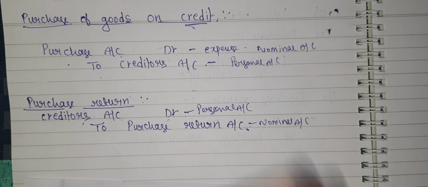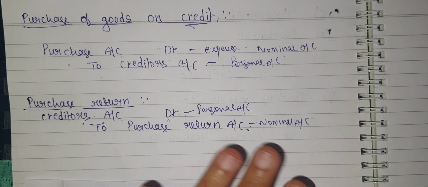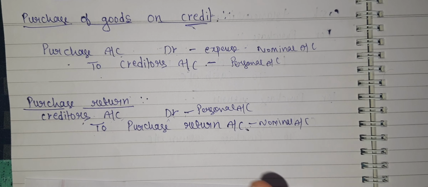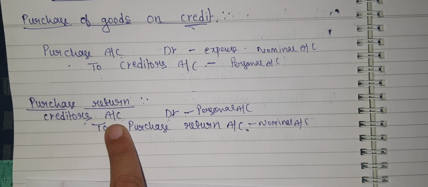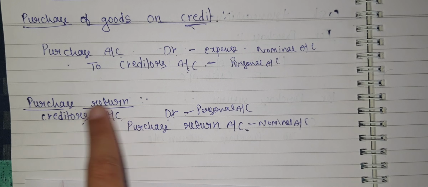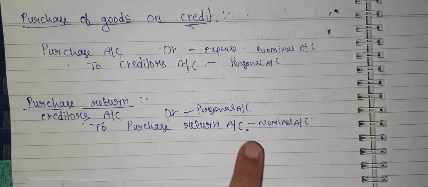Why? Because you owe them less. To reflect this reduction in liability, the creditor's account is debited. This is one more reason we are debiting the creditor's account. So the journal entry for purchase return is creditor's account debit to purchase return account.